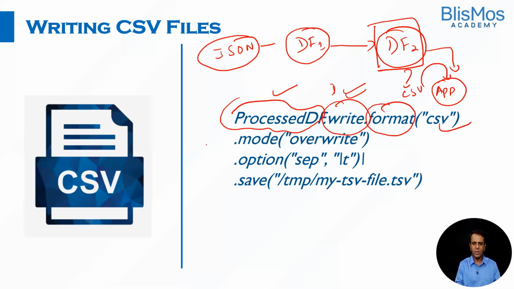After that, you can specify different options, whichever are available for writing into a CSV format. Then the last thing, please do not forget this: because we are used to reading a file by using the load option, when you want to write into a CSV file, you've got to use the save option. This is how you write into a CSV file.